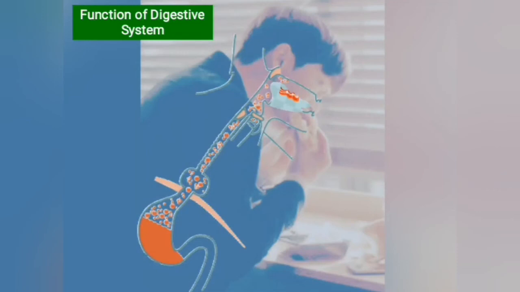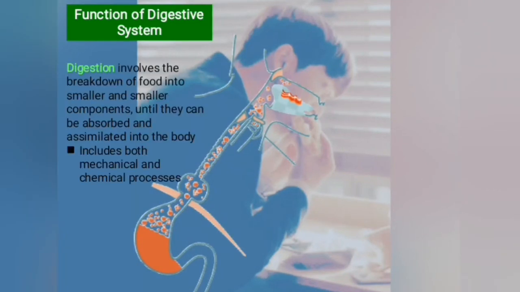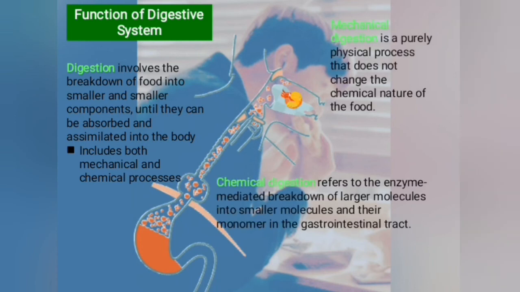Then the third is chemical digestion, which involves the breakdown of food into smaller components until they can be absorbed and assimilated into the body. It involves mechanical digestion and chemical digestion. Mechanical digestion is the process of physically breaking down the food into smaller pieces.